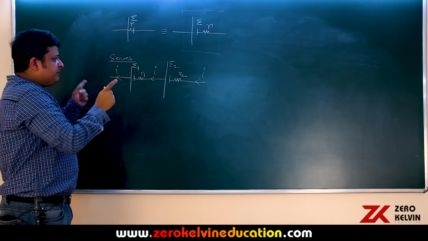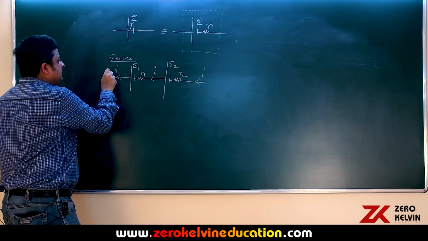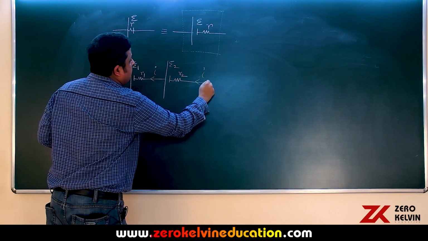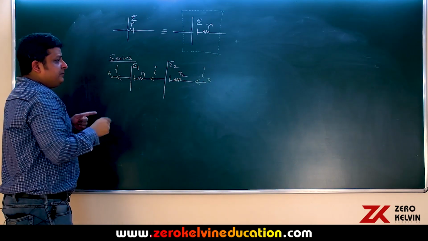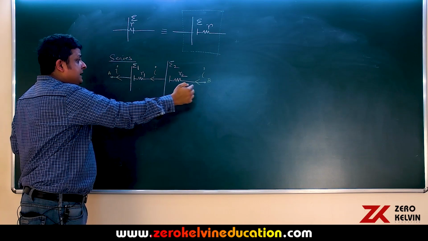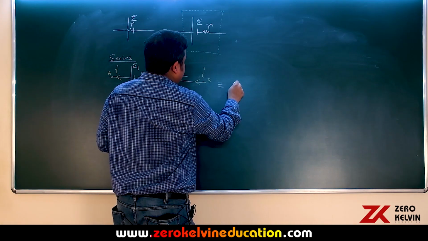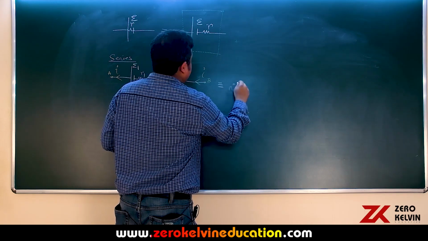Now, we would like to replace these two cells by one cell, so that the potential difference between points A and B is the same, and also the same current I flows through that line.